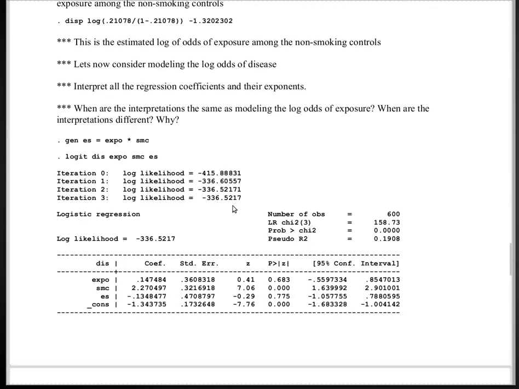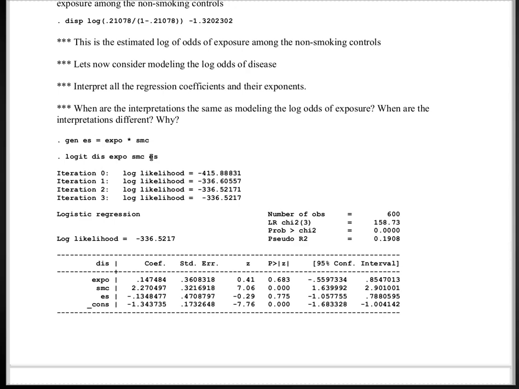Well, it's pretty easy to do. Now we would construct the product of exposure times smoking status, the indicator for exposure status multiplied by the indicator for smoking status. And now we have disease status as the outcome, exposure and smoking, and the product of exposure and smoking.